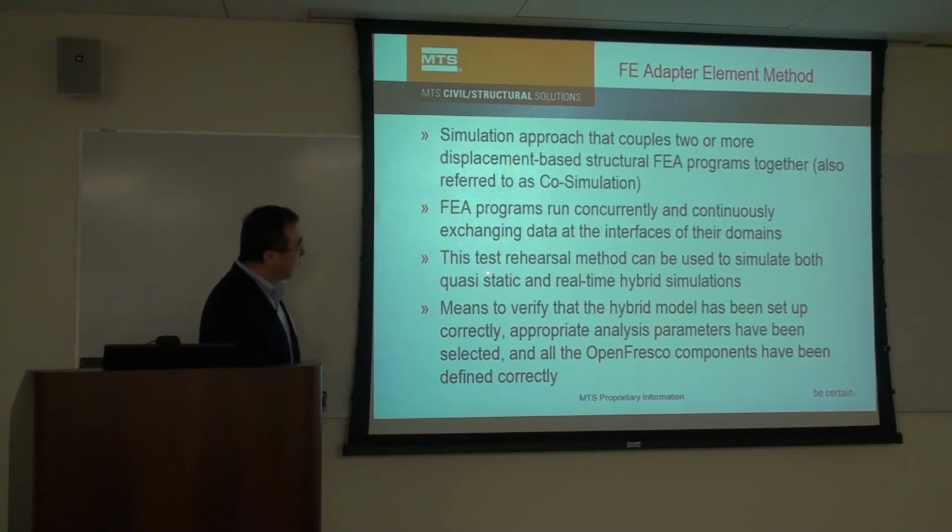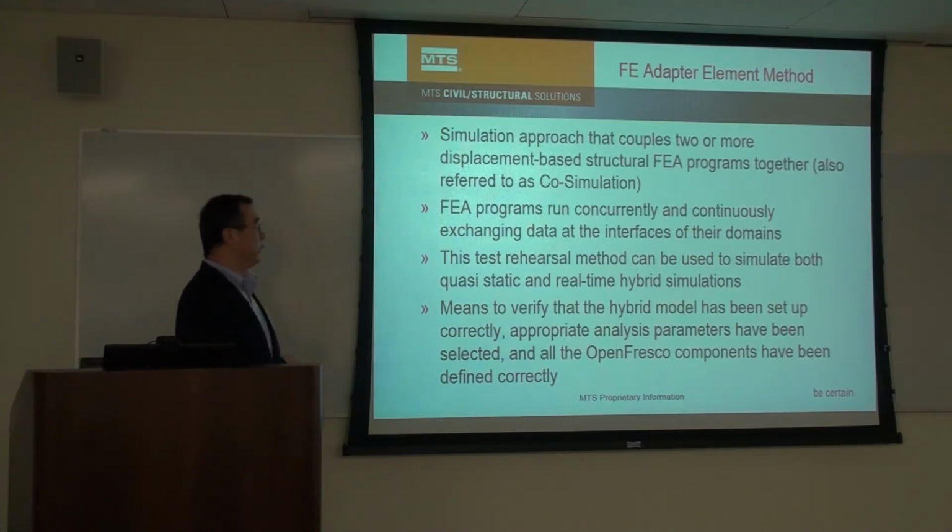So this is a test rehearsal method, and it could be used for slow hybrid tests and real-time hybrid tests. For the real-time hybrid test it is especially important because there's a stability issue, and such things could cause damage very easily.